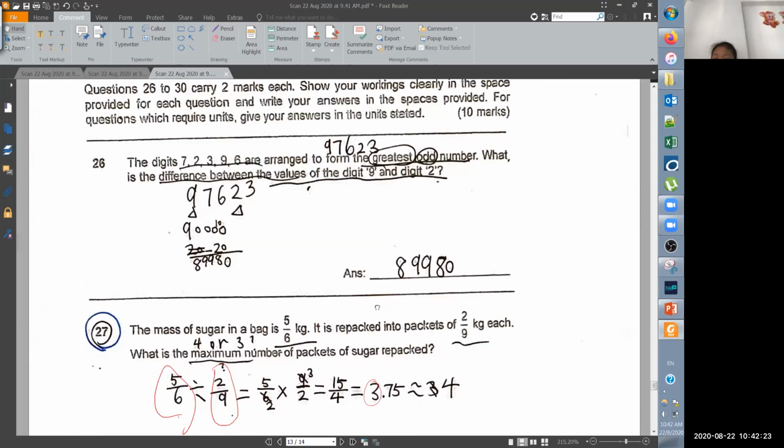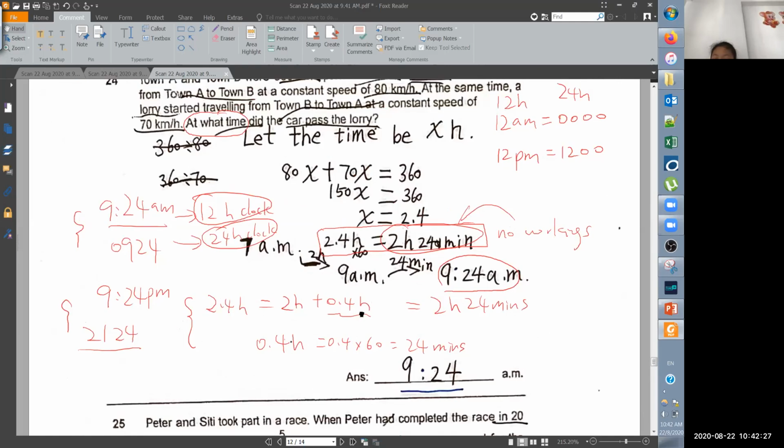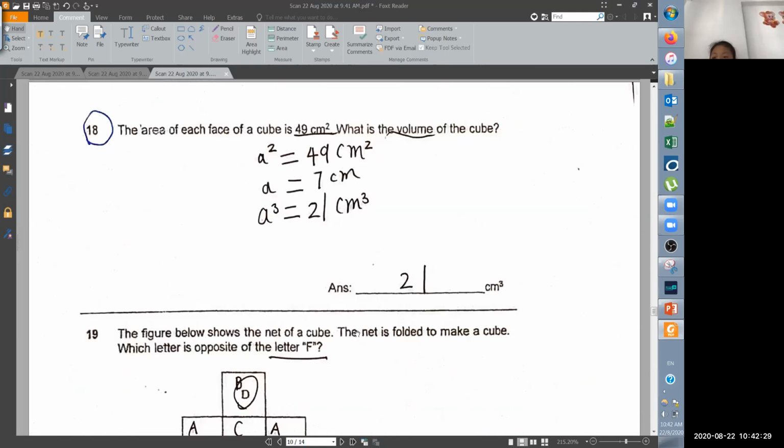You look at it, you will know it's not right, because a square is already 49. A cube, how can it be 21? Cannot be. So this is what I call you don't have to do any calculation. You just look at it, you know something's not right.